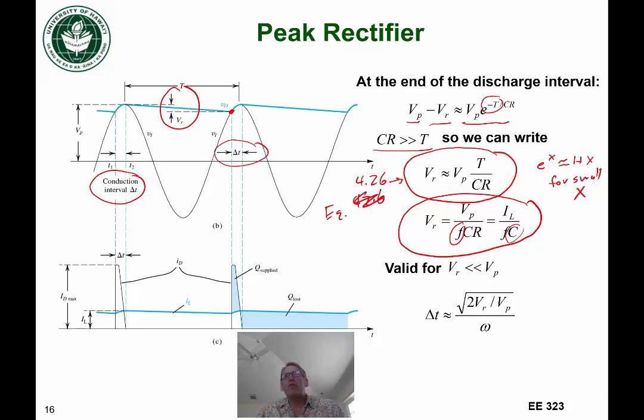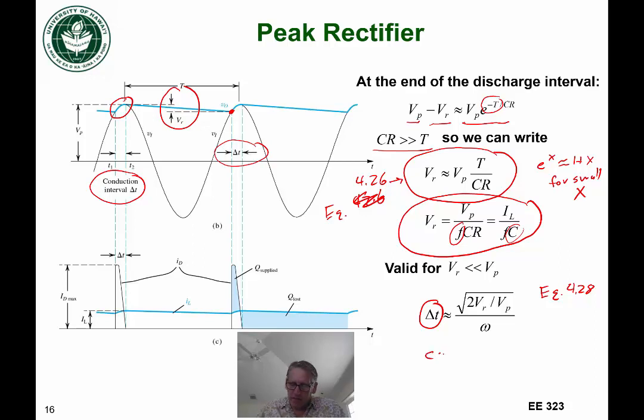And so we can also go about calculating the conduction interval, delta T. And this is equation 4.28 in your book. This, again, just calculates the time it takes to charge, or to raise, a sinusoid, again using approximations.